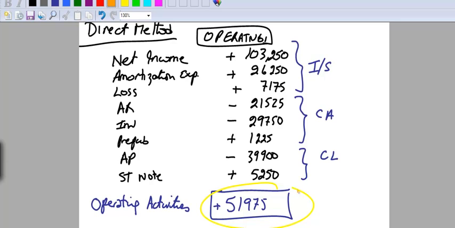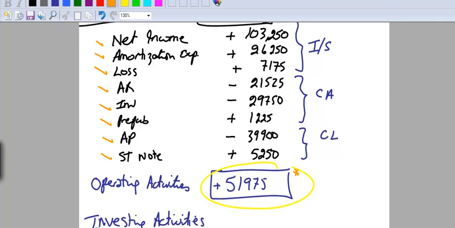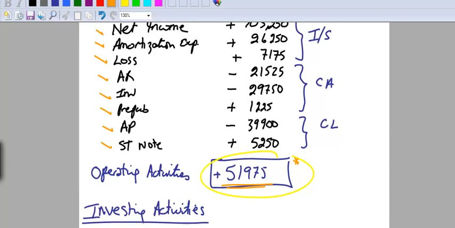Does this compute? Have you looked at net income, your amortization expense, accounts receivable, inventory, prepaid, and your current liabilities? Yes. Sum them up again. Double check. I'm confident that this is the right answer.